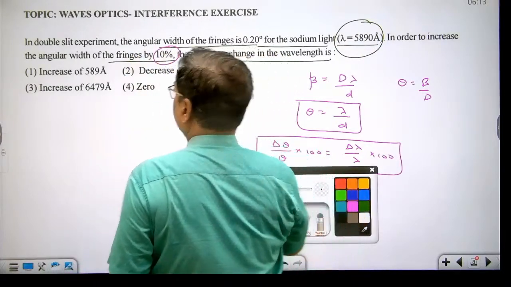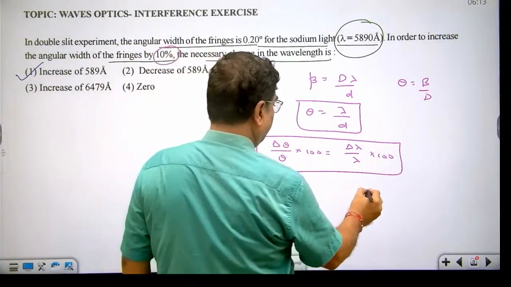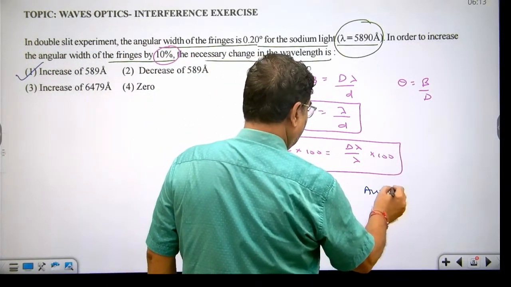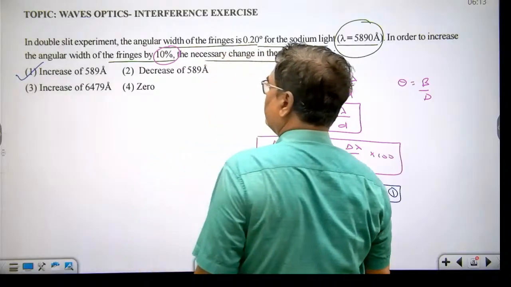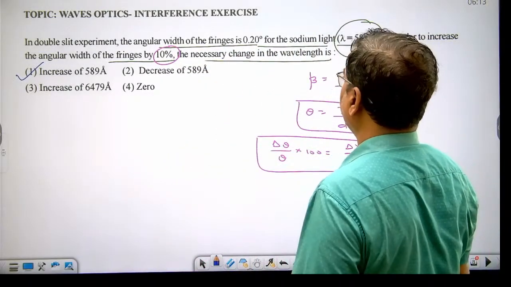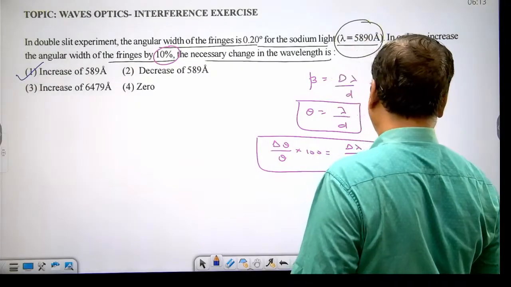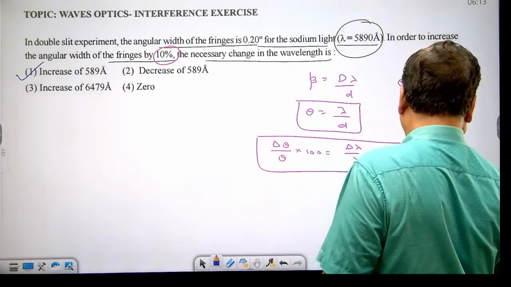So the answer to the given question is option 1. The wavelength is to be increased by 589 angstrom to increase the angular fringe width by 10%. So the correct choice is option 1.